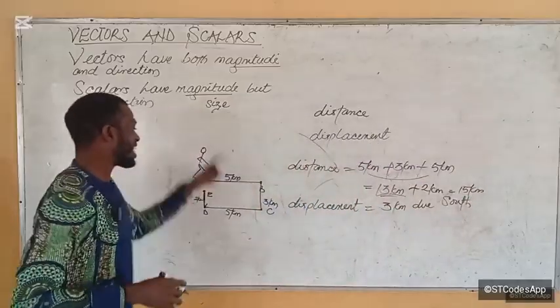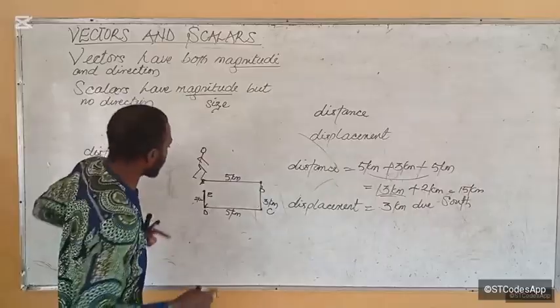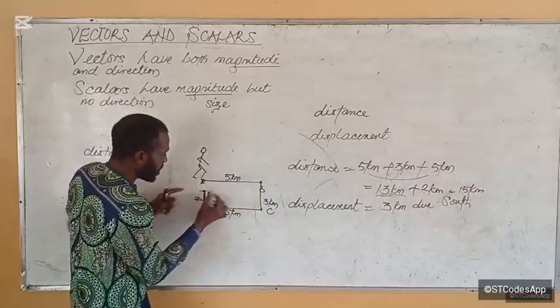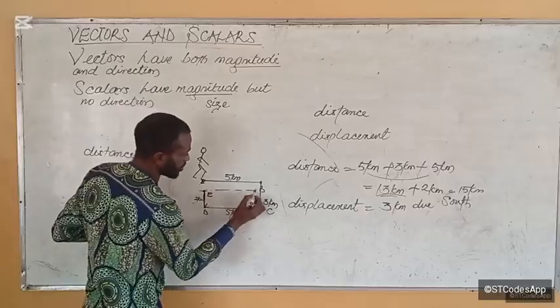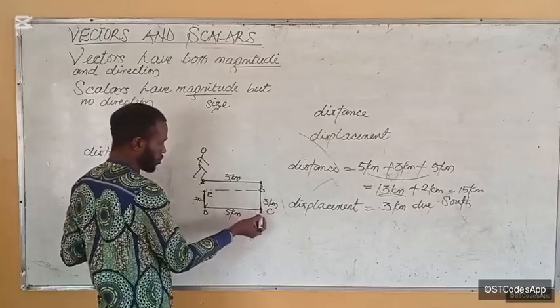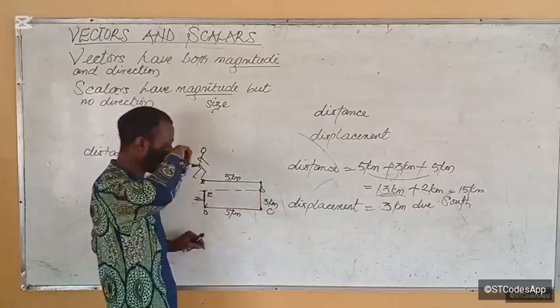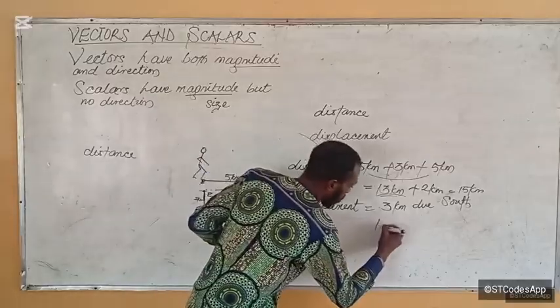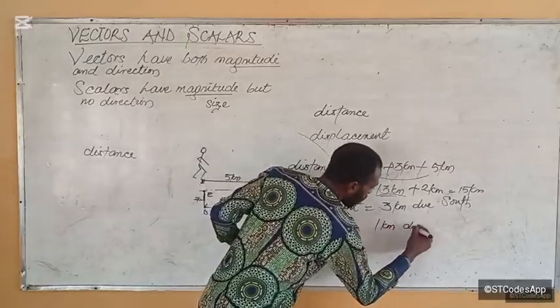But in displacement, from here to here is 3 kilometers, and from here to here is 2 kilometers, then here to here will be 1 kilometer. So his displacement has changed to 1 kilometer, still due south.